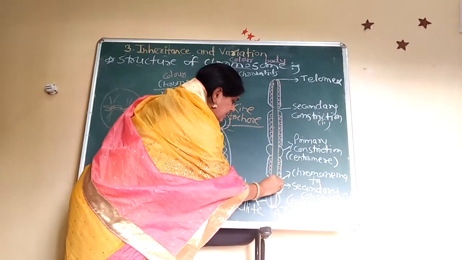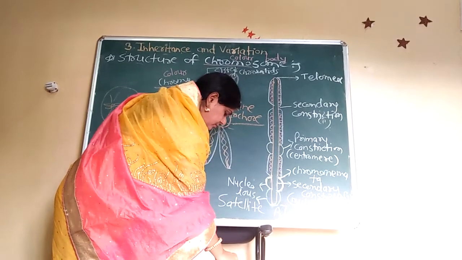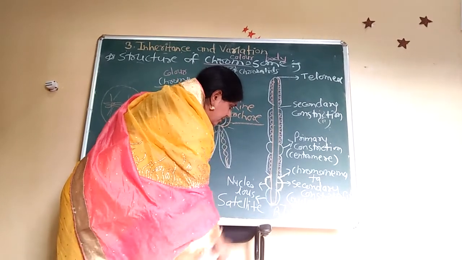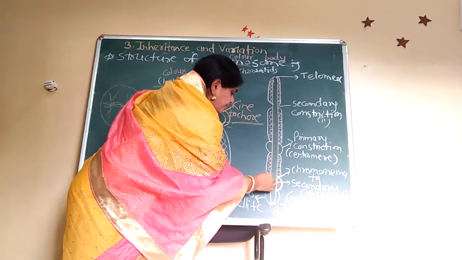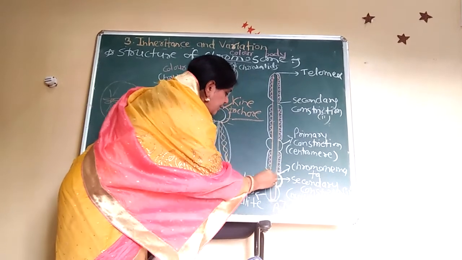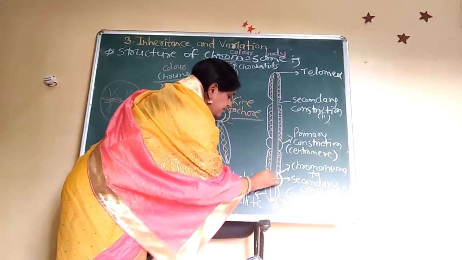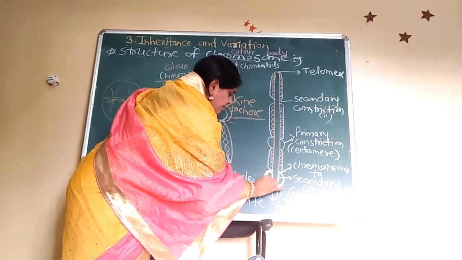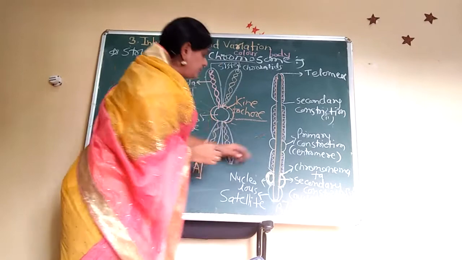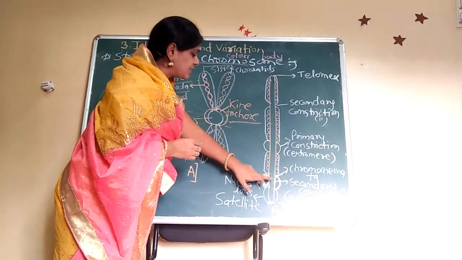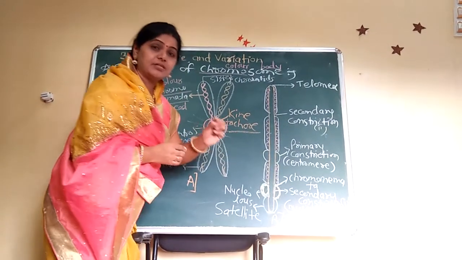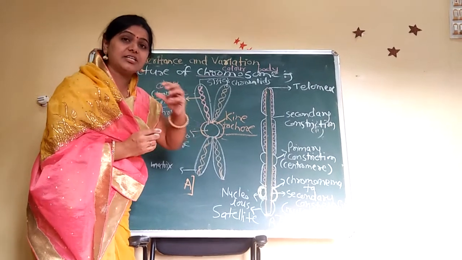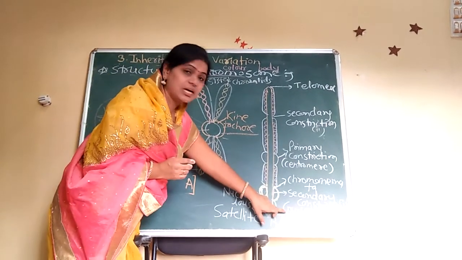This is the primary constriction, this is the secondary constriction, but the secondary constriction is also called the nucleolar organizer.